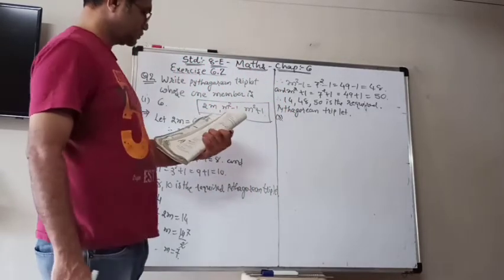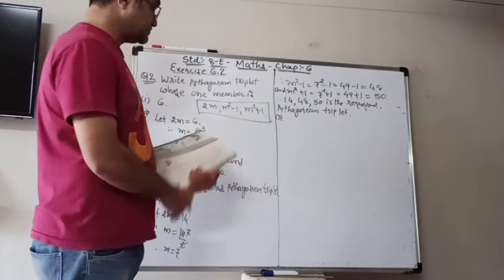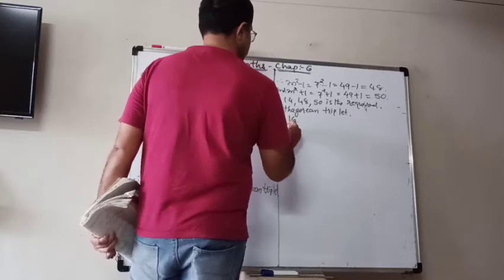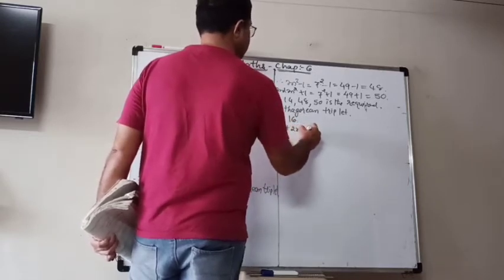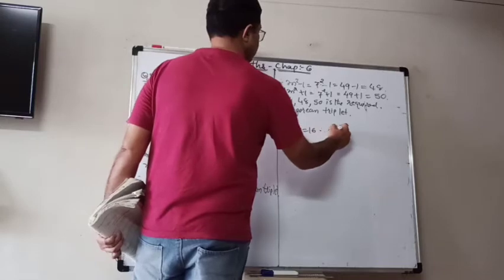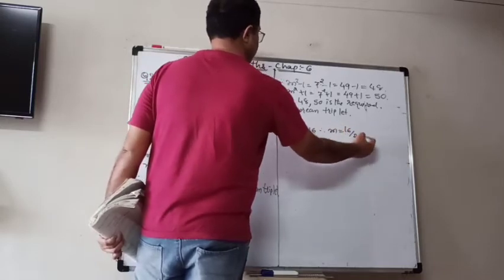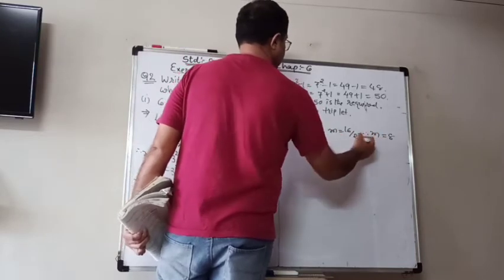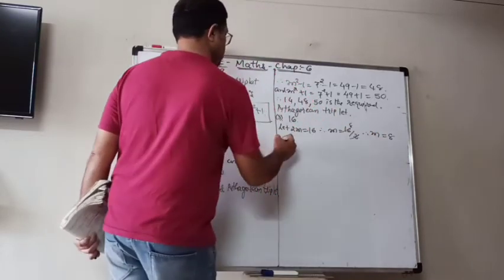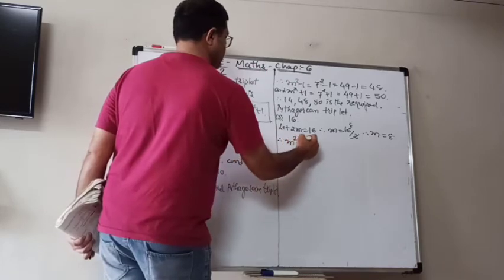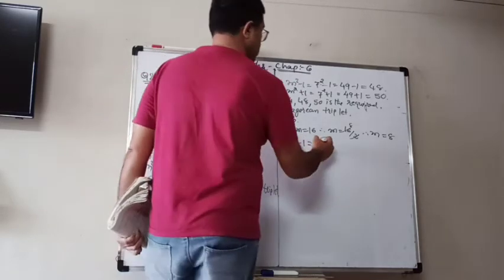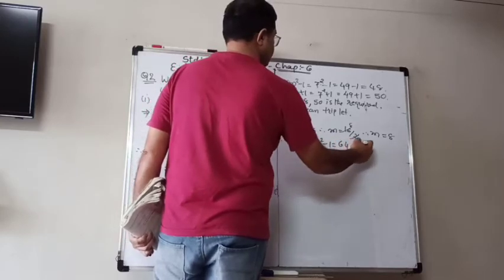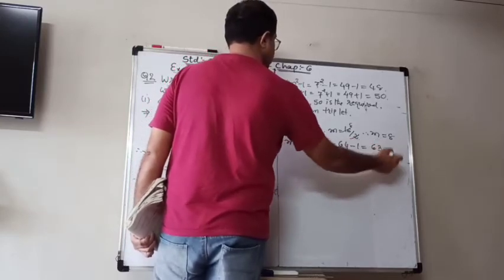Third one. The third number is 16. So here also we will take 2m is equal to 16. So we get m is equal to 16 upon 2, means we get m is equal to 8. Therefore m square minus 1 is 8 square minus 1, 8 8s are 64, minus 1 is 63.